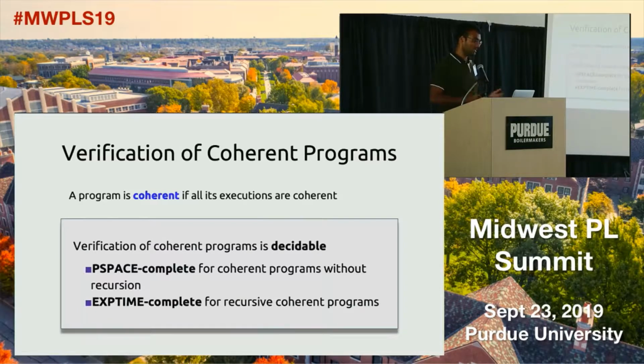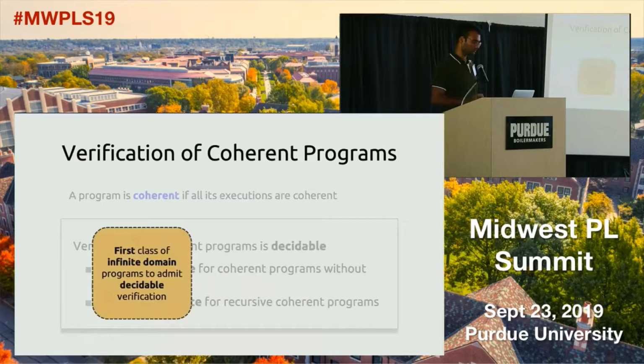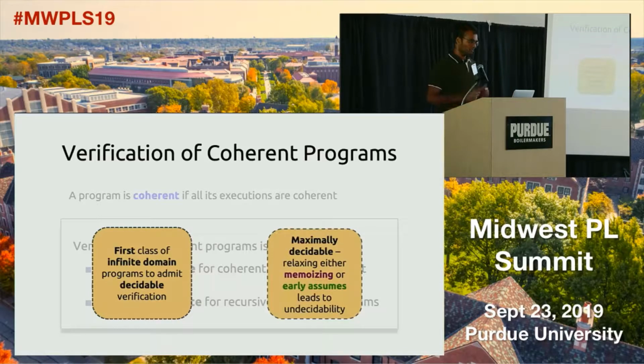So notice that this is the same complexity class as that of Boolean programs. And again, I would like to emphasize that this is the first class of programs that work over infinite data domains, because we consider all data models, and yet admit decidable verification. And we show that when you relax either the memoizing condition or the early assumes condition, the problem becomes undecidable. So this is a tight characterization.